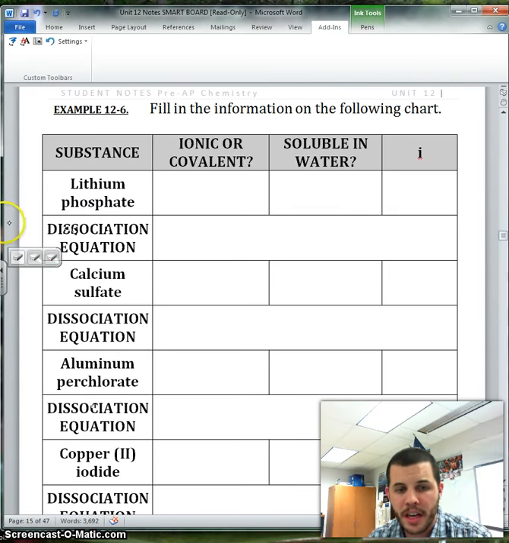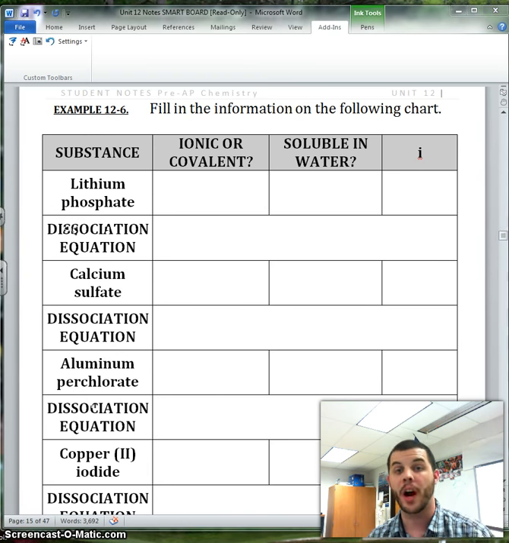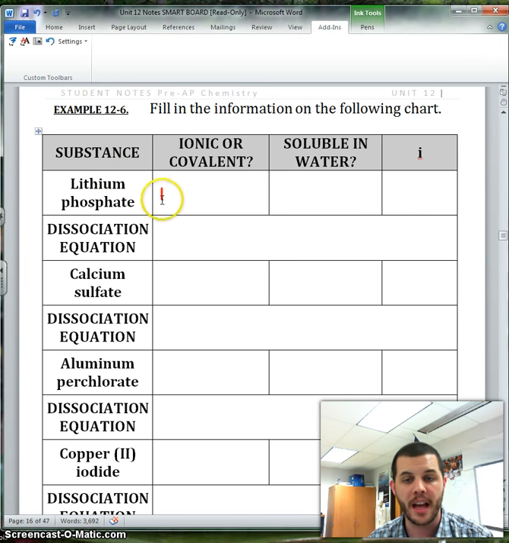All right, so the first thing I want to do now is make sure I know what I'm talking about. I'm dealing with lithium phosphate. When I write that formula out, I get Li3PO4, because lithium's a group 1, so it has a positive charge.